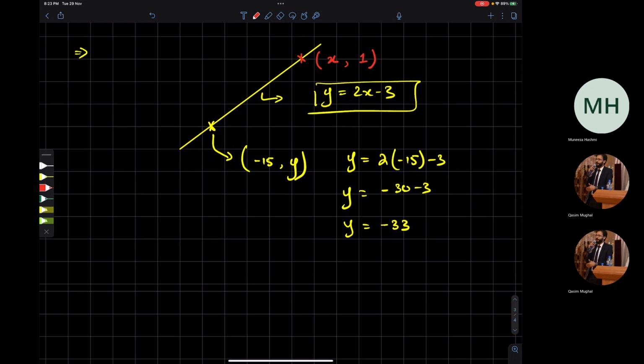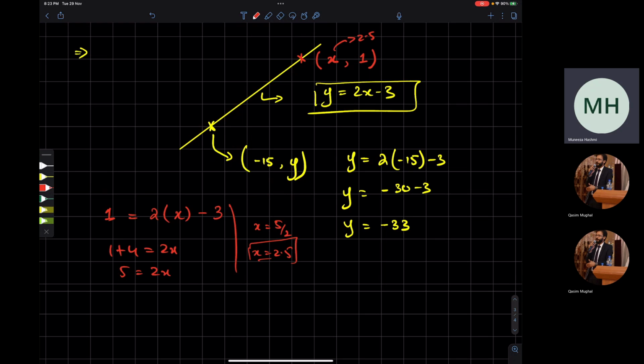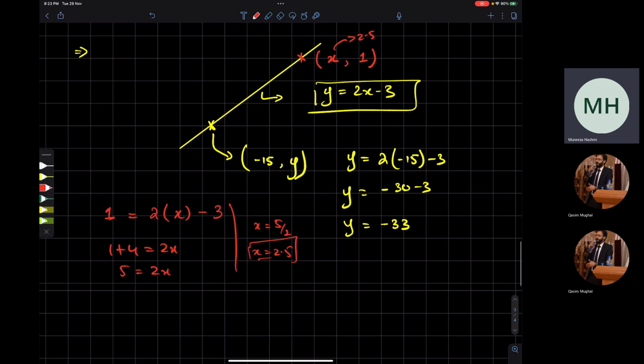So let's just do it. So the y coordinate is 1. So in place of y, I'm going to put 1 here, equals 2, x comes in as it is, minus 3. So 1 plus 3 equals 2x, so 4 equals 2x, and x would be equal to 2, so the x coordinate for this one is going to be 2. Got it? Yes, sir. Clear? Yes.